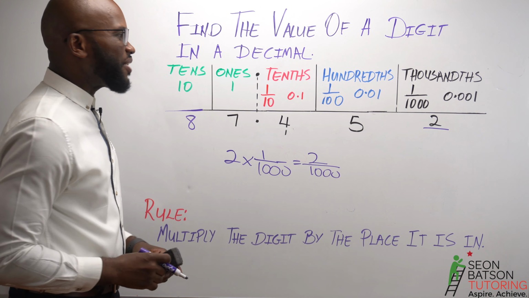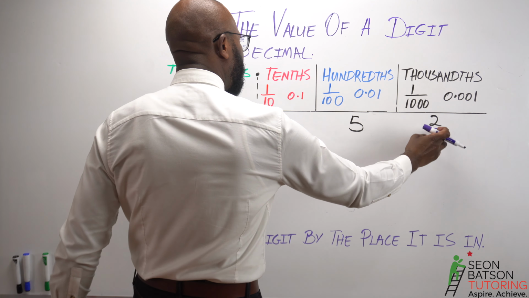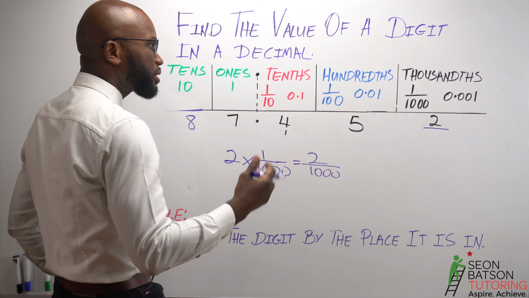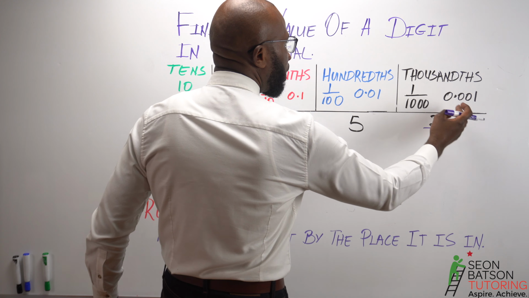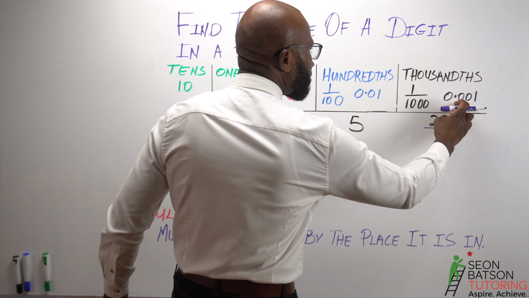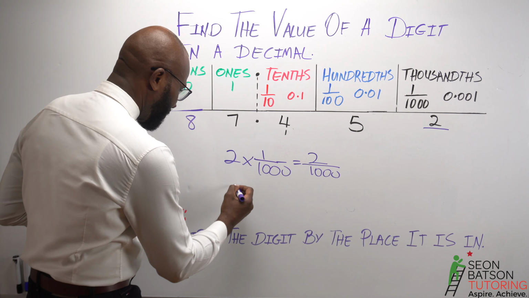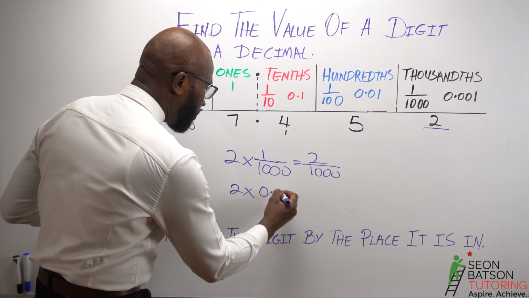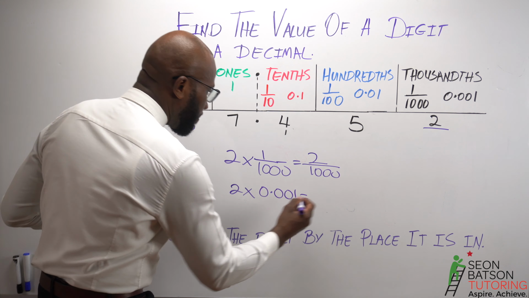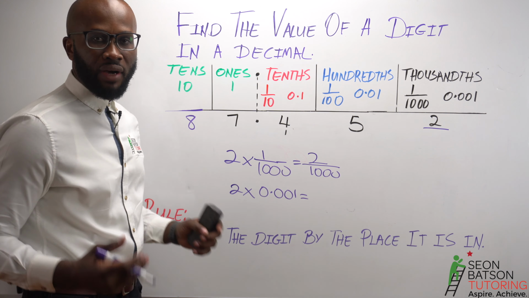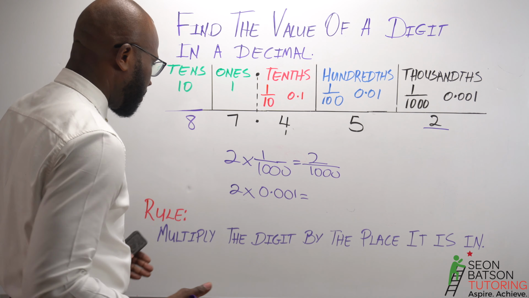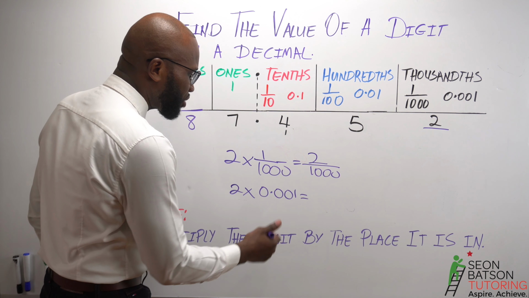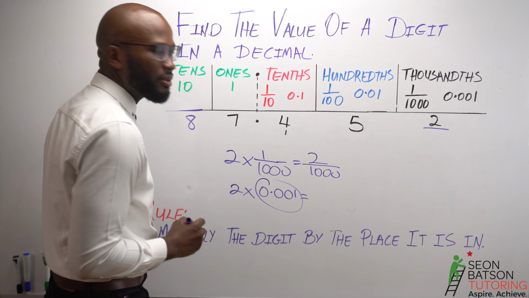All right, now let's write the value of this 2 as a decimal. To write the value of that 2 as a decimal, we will simply multiply the 2 by 0.001. I hope the video is helping you master the concept of finding the value of a digit in a decimal. So again, 2 times 0.001 simply means we have 2 0.001s.